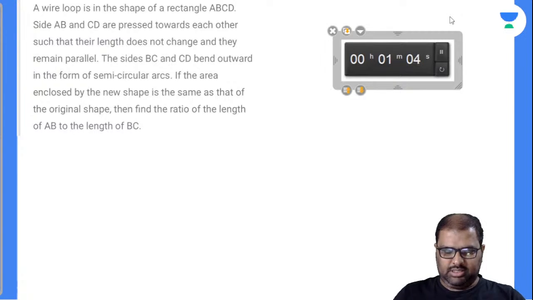You need not find the exact value because I have erased the options.